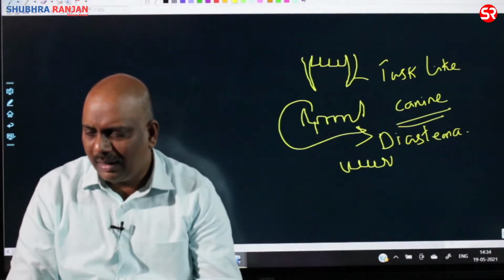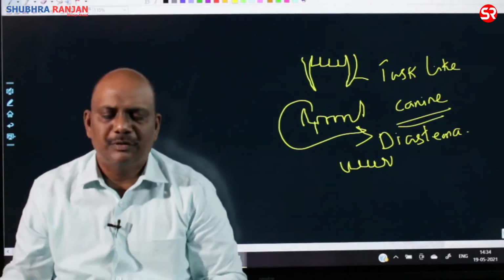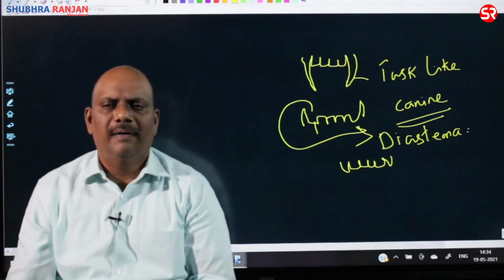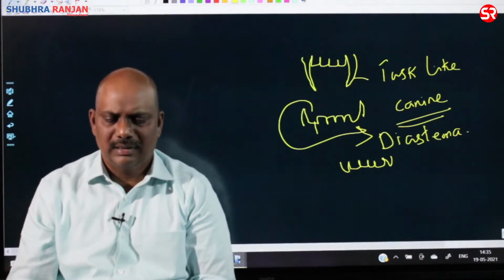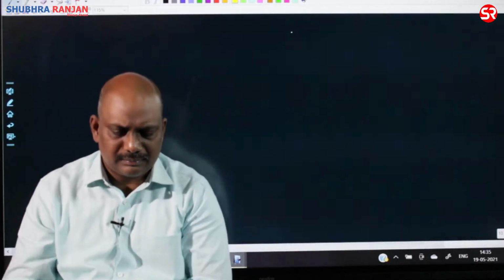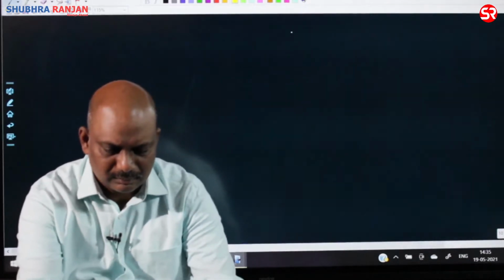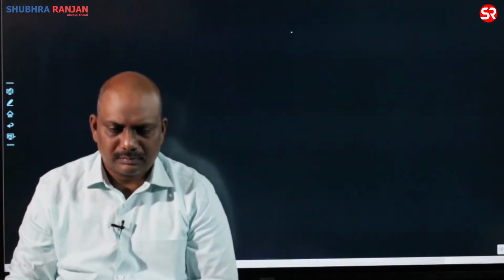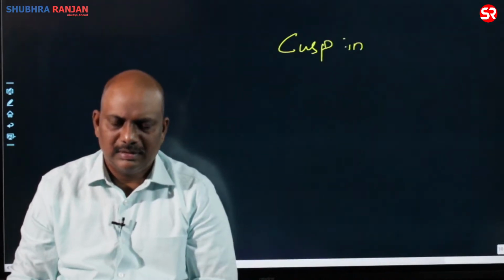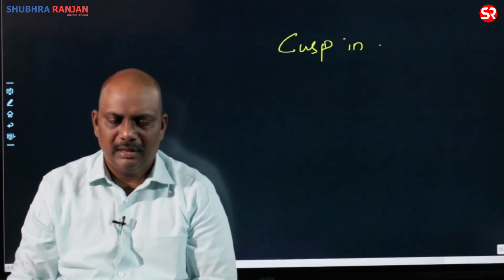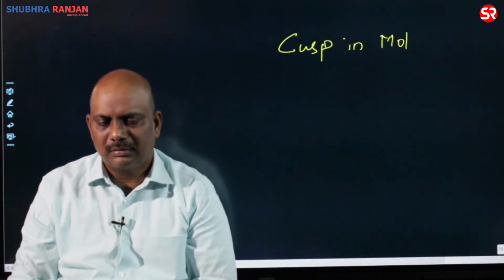Then there is one important primitive feature found in the teeth of Australopithecus. That is the cusps in the molar.